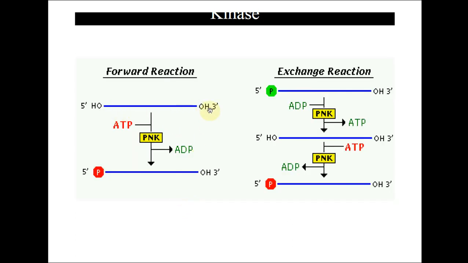See here, these are the DNA ends treated with the phosphatases. Now the 5' ends are again converted to 5' phosphate ends with the help of polynucleotide kinase enzyme. See here.